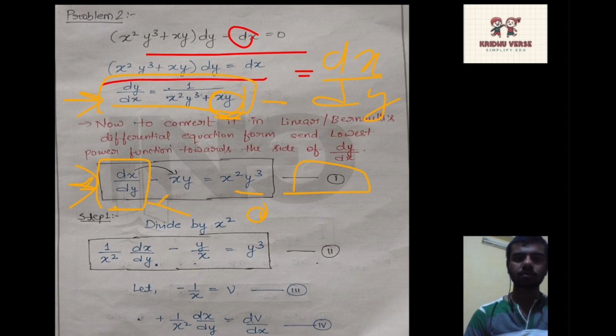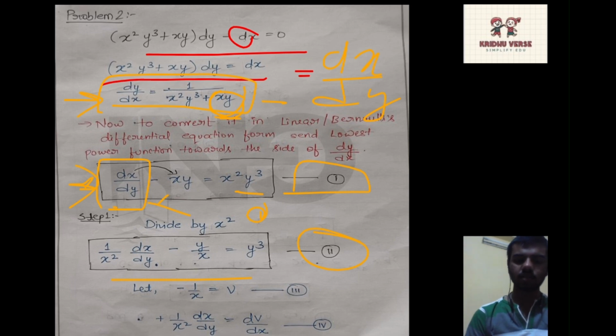So 1 by x square dx over dy minus y over x, because here one x is already present in the first equation, so that gets cut, equal to x square cut, so y cube. This is equation number 2. I think you understood.